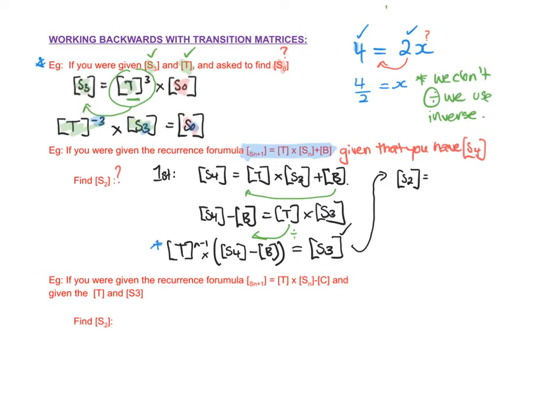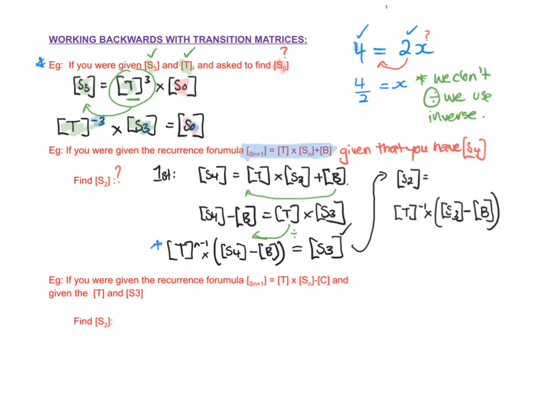S2 is going to be the transition to the -1 times S3 minus B. So you've got to go step by step. That would be a hard question. They never go more than 2 because it takes a while, since you've got to go step by step.